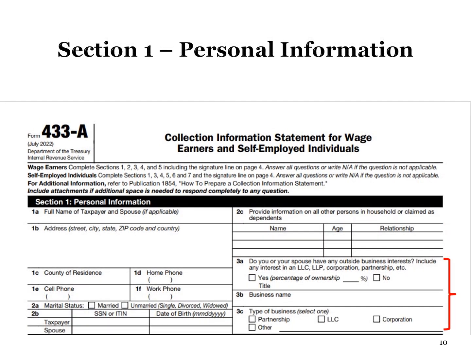In boxes 3A through 3C, the IRS is asking for interests you may have in LLCs, LLPs, corporations, or any other sort of business. They want to know what your cash flow is and what assets you own. A business interest is such an asset.